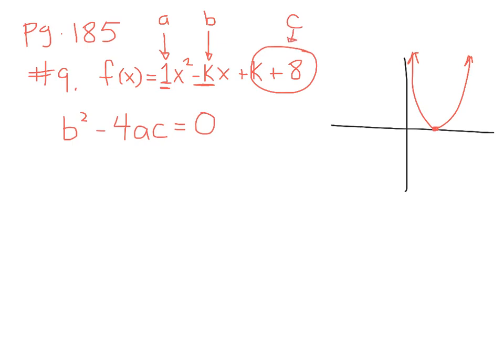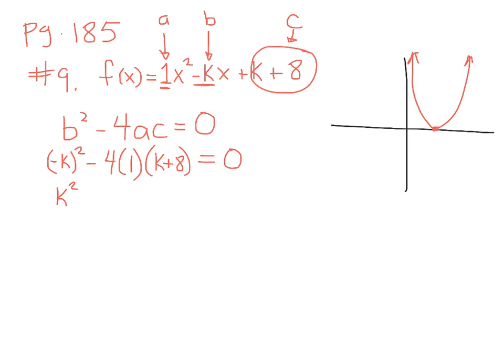So let's take a look at solving this to figure out what k is. If I plug this in, I'm going to get negative k in for b, all squared, minus 4 times a, which is 1, times c, which is, remember, k plus 8. That's equal to 0. Negative k squared is negative k times itself, which is positive k squared.